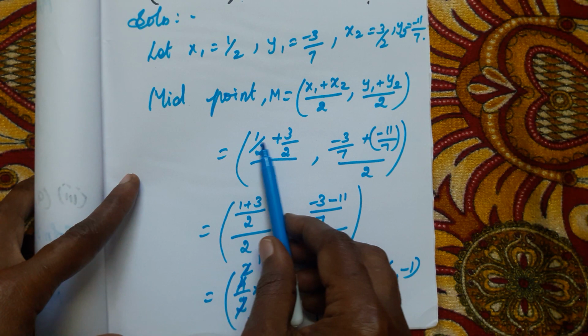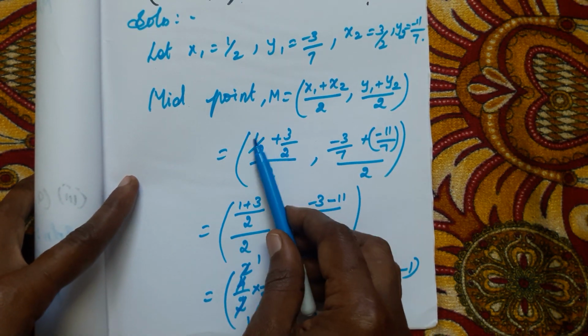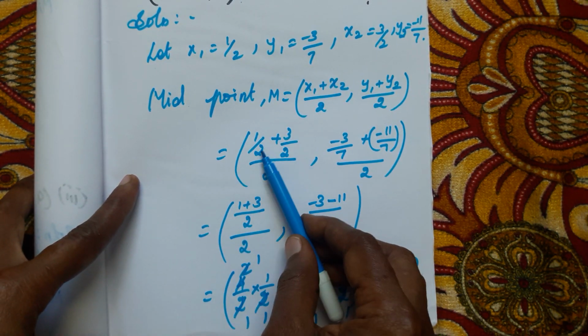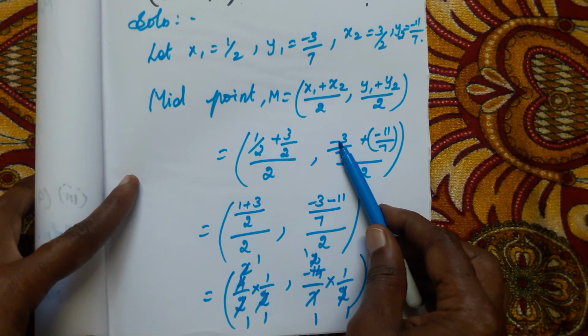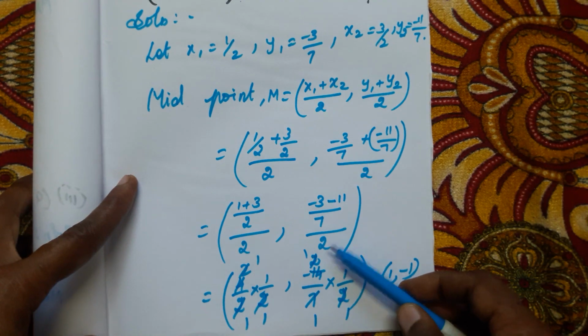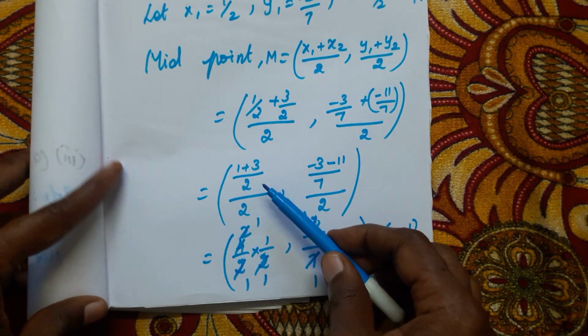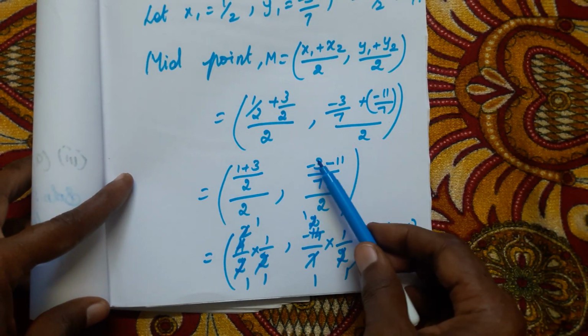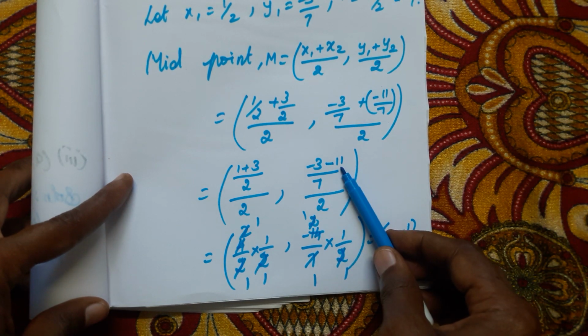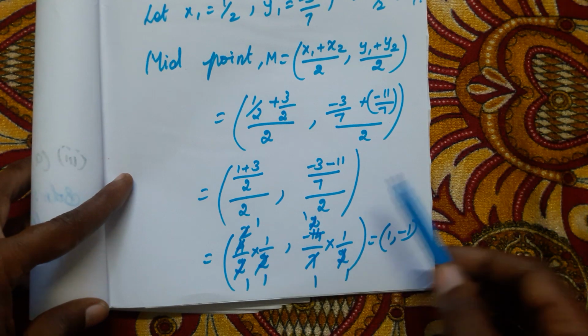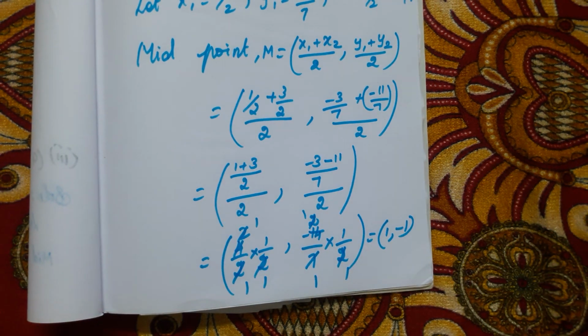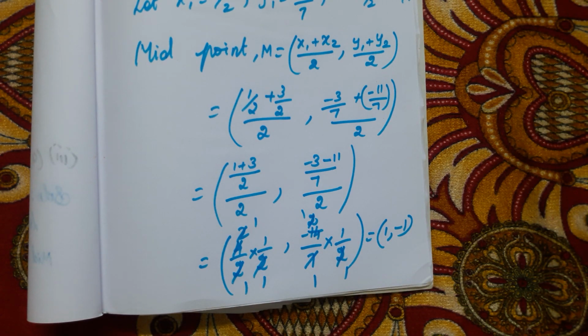Here the LCM is 2, a common denominator, so 1 plus 3. Next here also 7 is common: minus 3 plus minus 11 by 7. So 4 by 2 into 1 by 2. Next minus 3 minus 11 is minus 14 by 7 into 1 by 2. It is equal to 1 comma minus 1. Any doubt? 1 comma minus 1 is the midpoint. Clear?